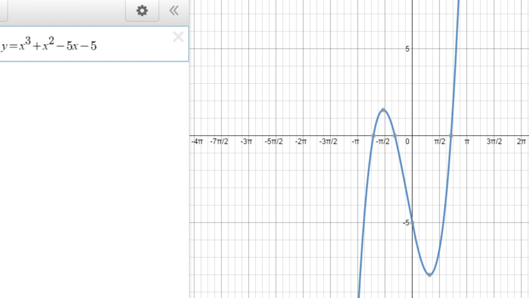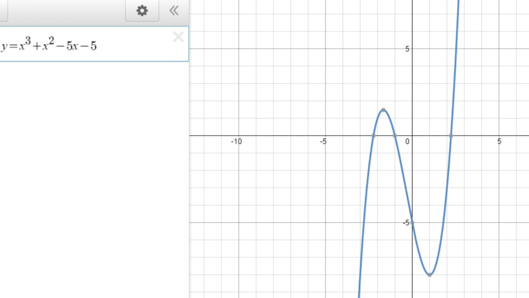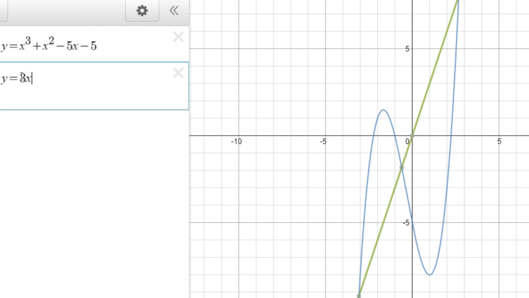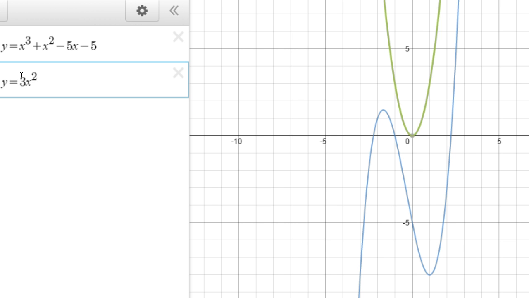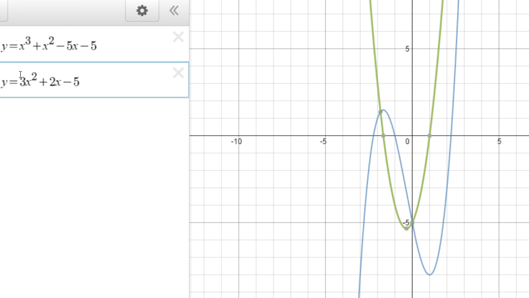Let me set the steps of 1. Now, if I graph the actual derivative, y equals 3x squared plus 2x minus 5, if you notice, that matches.